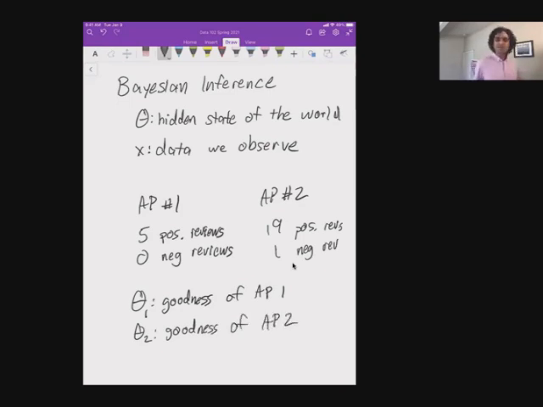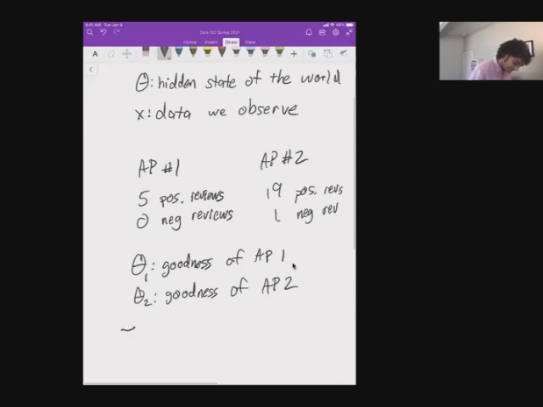So what does this mean, the goodness? Well, let's make this even more concrete and say that theta is a number between 0 and 1. That is the probability that a particular review that somebody leaves will be positive. So this is the probability that reviews are positive.